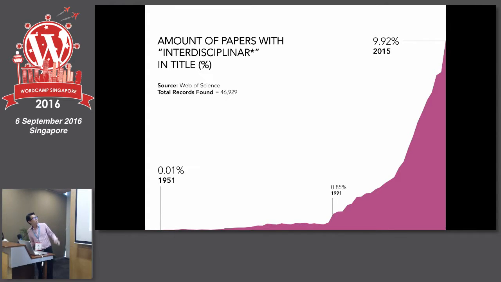I did a little search on Web of Science, which is a citation database that stores key metadata, key details of published papers, and found close to 47,000 papers, as early as 1951, and since 1991 onwards you can see a steep upslope, that have the word interdisciplinary or similar in the titles.